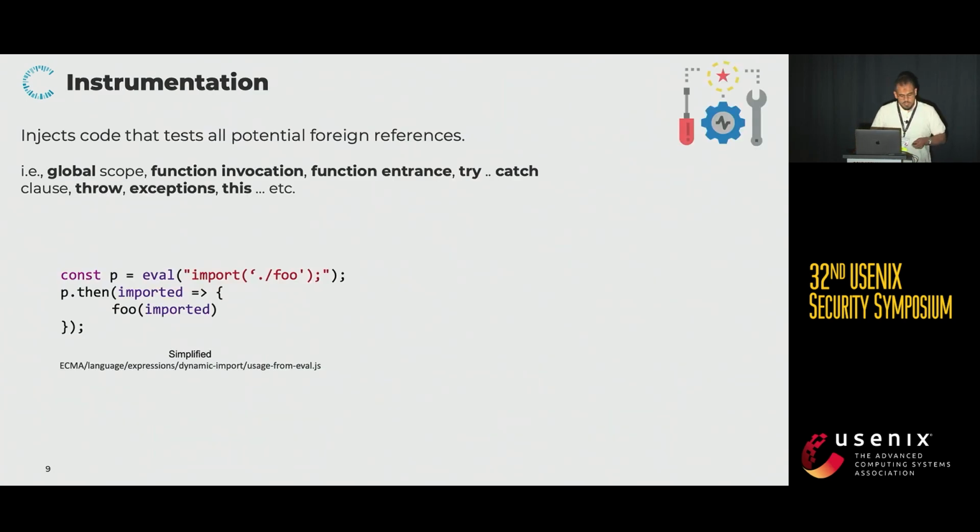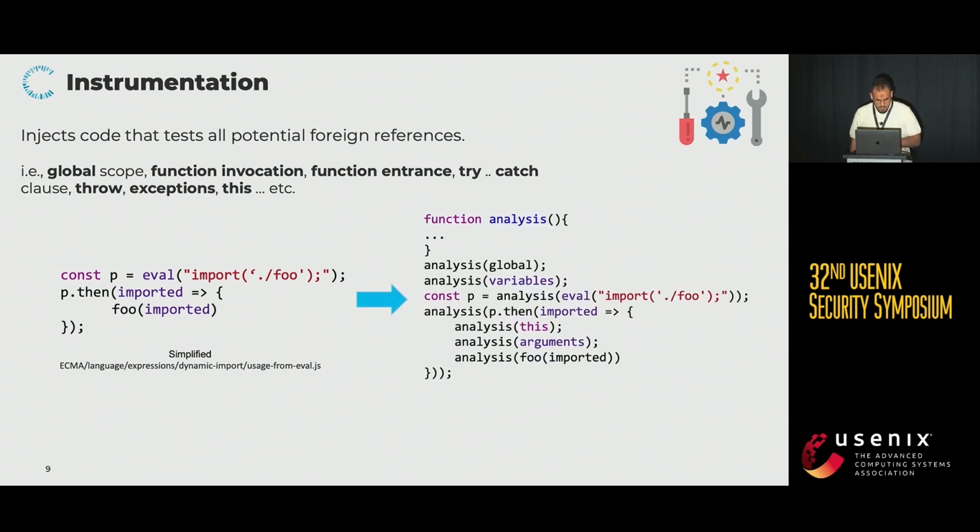Unfortunately, because of the time limitation, I'm going to discuss the instrumentation process and some parts of running the sandbox. The instrumentation basically injects test oracles to find all the foreign references inside that sandbox. That can happen by adding analysis code at several points in the test program.